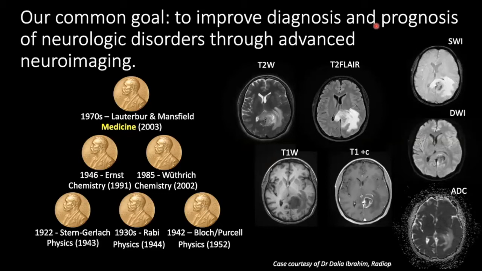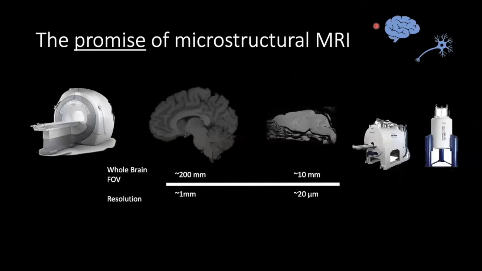Hopefully this will more and more make its way to the clinic, but it's going to take a real effort. So within that big umbrella and that common goal, microstructural MRI is one of the most active areas and one of the most promising ways of advancing towards the goal of improved clinical diagnosis across many types of brain disorders.